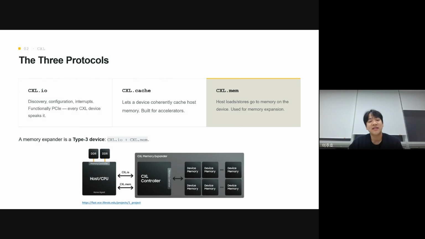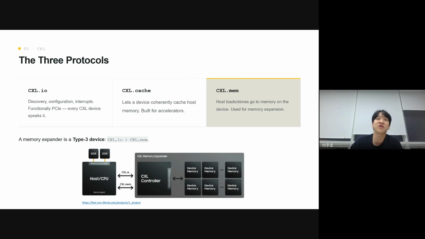So basically, CXL has three protocols: CXL.io, CXL.cache, and CXL.mem. The CXL.io protocol handles discovery, configuration, and interrupts for the device, and every CXL device has to support it. The CXL.cache protocol lets a device cache host memory coherently, and this is for accelerators, not memory expanders.